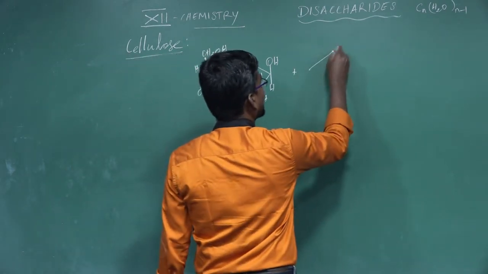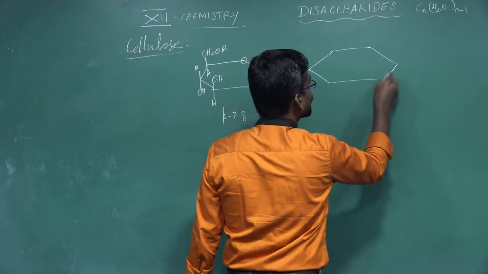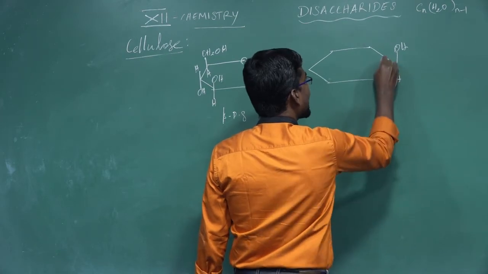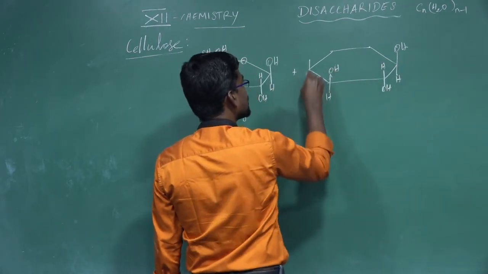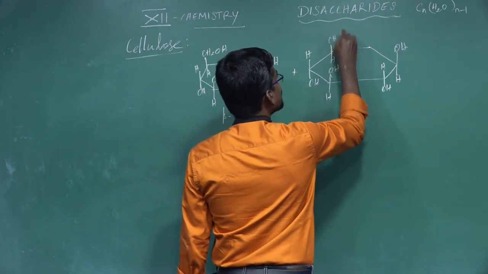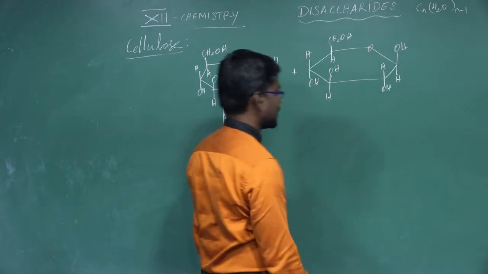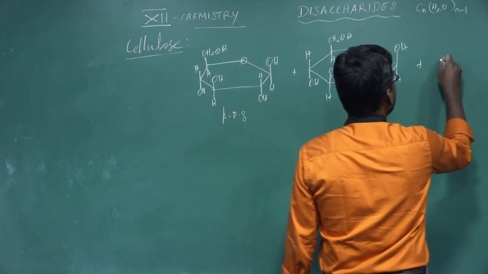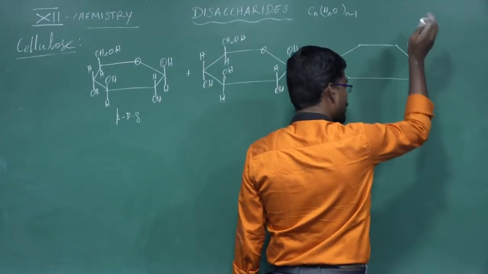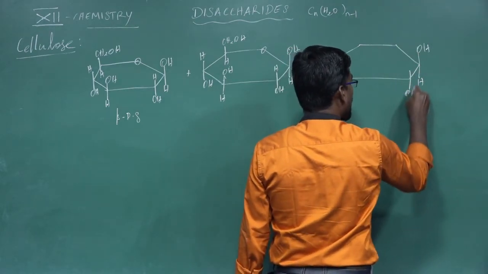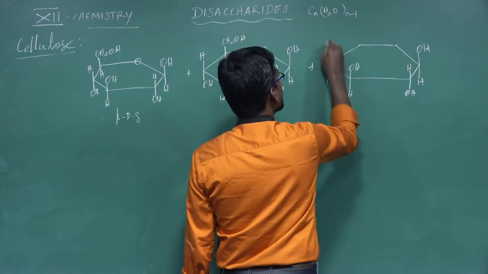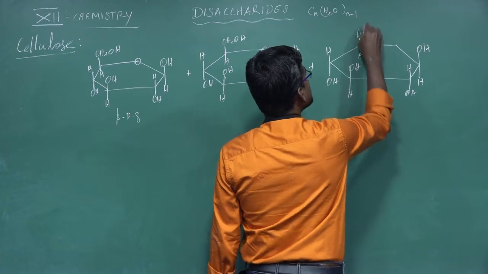Another beta D glucopyranose molecule can be combined, with the anomeric carbon OH group facing upward, and then the CH2OH group, with oxygen here. Next is another beta D glucopyranose, with the beta OH facing upward.